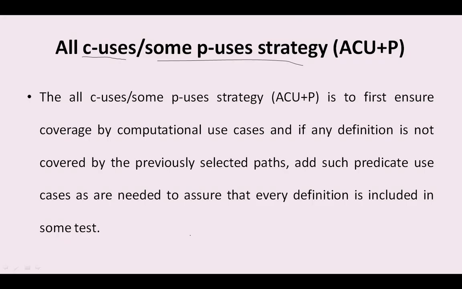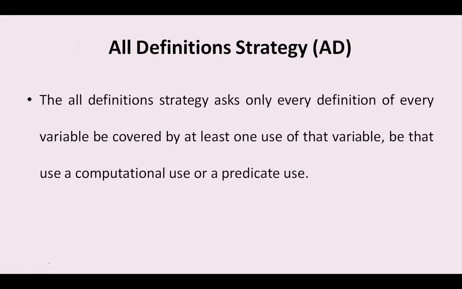So after the definition of the variable, it goes by default to computational use; if not, it goes to the predicate use. This is the way we represent this strategy. If you understand define, kill, computational uses and predicate uses very well, then you can understand these strategies very well.